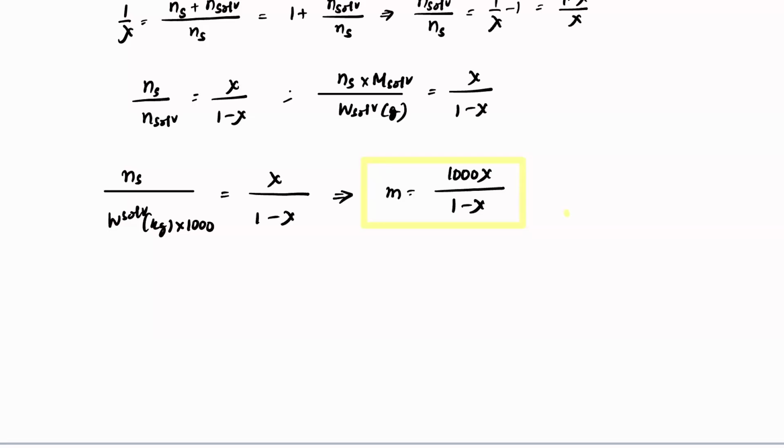All right, I think I forgot the molecular weight of solute here. So I have to multiply that molecular weight. Sorry, not solute, solvent.